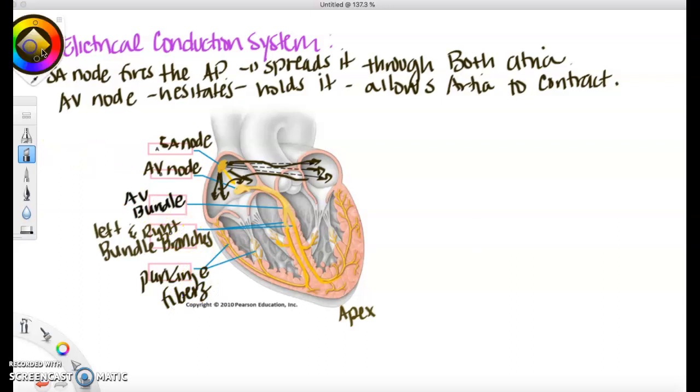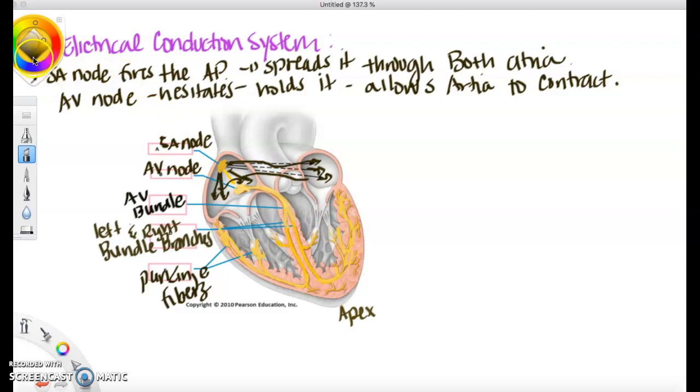So these fibers come up the walls of both ventricles. And they depolarize the contractile cells now in these walls of the heart, the ventricular walls, and that causes the ventricles to contract.